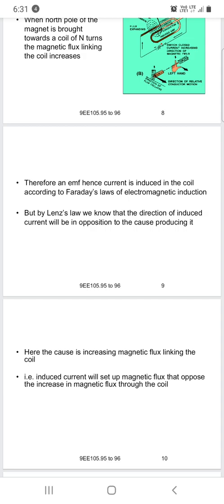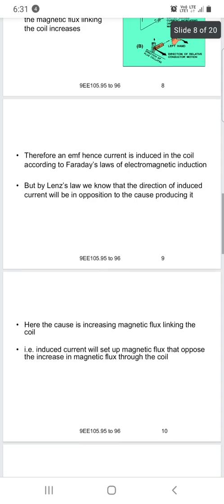What does the second law state? The magnitude of rate of change of flux linkages in a conductor. That is called Faraday's second law.